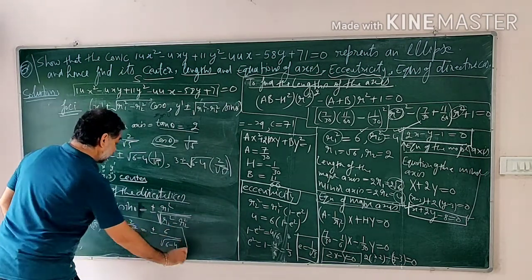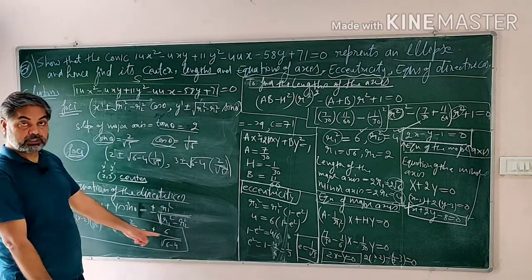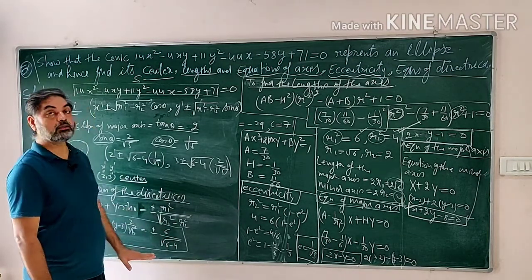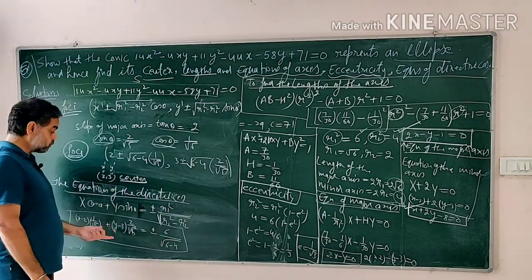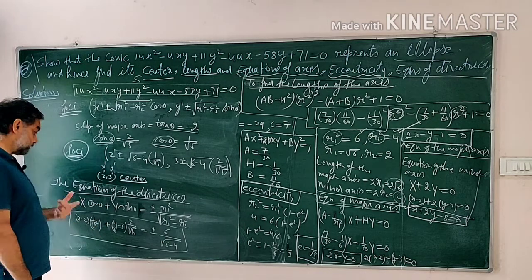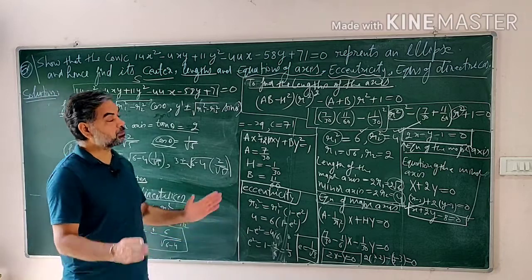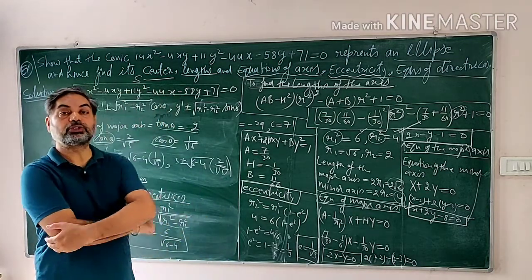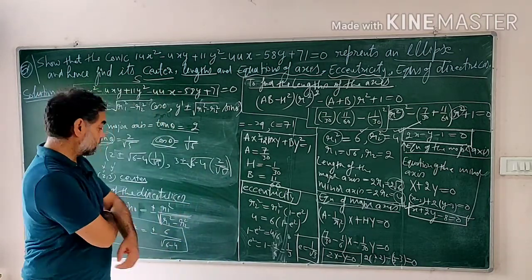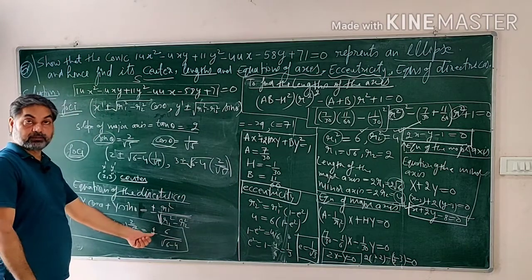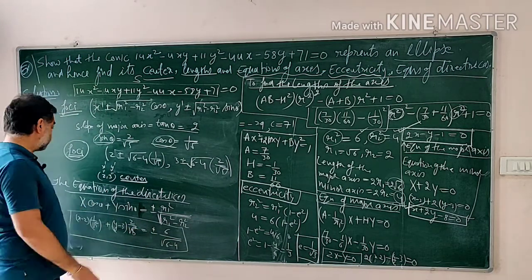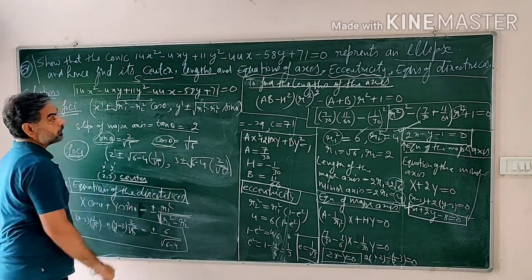So by taking positive sign and negative sign, you will get two linear equations, and these two equations will give you the equations of the two directrices.